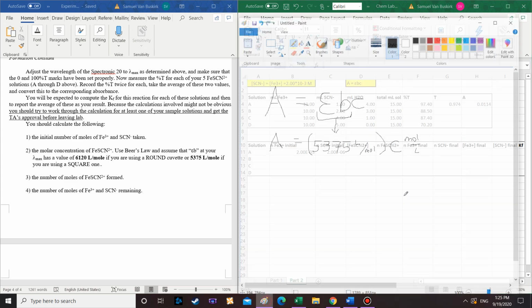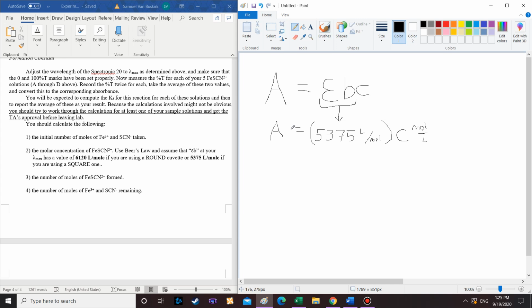We can substitute that in for A, and then divide A by 5,375 liters per mole. That'll cancel these out, and once we do this division, we'll be left with concentration.